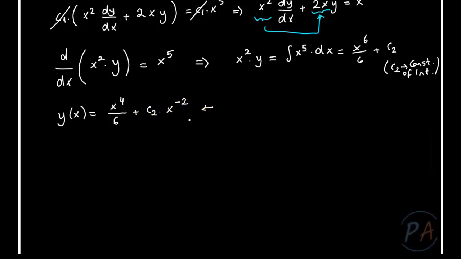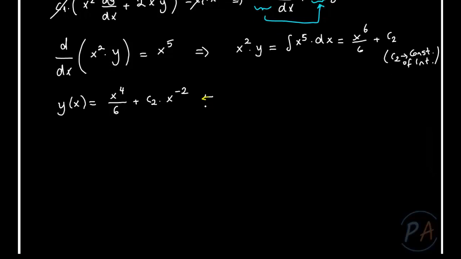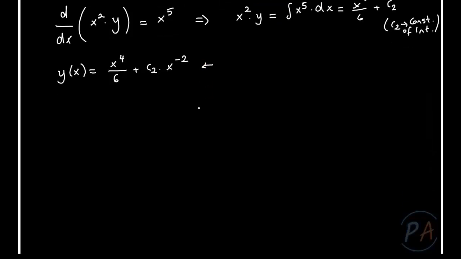This is the general solution of the first order linear differential equation, but my problem is an initial value problem, and I have to find a particular solution satisfying the condition y of 2 equals 4, that is when x is 2, y has to be 4.